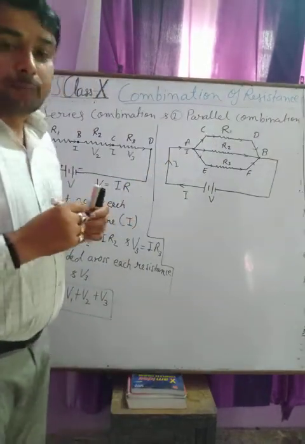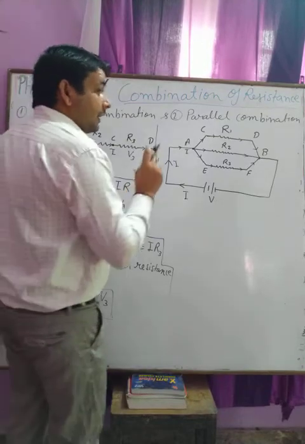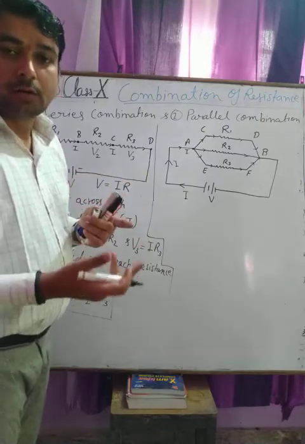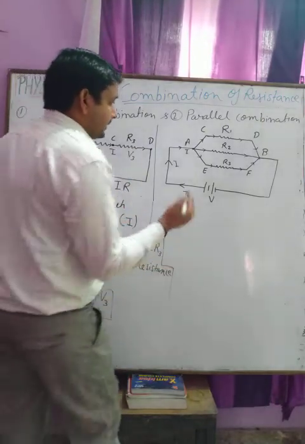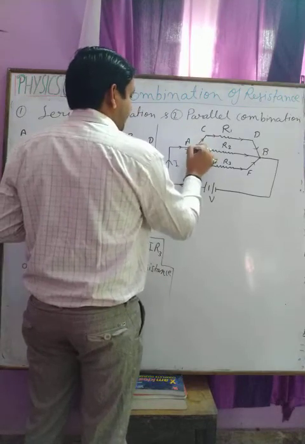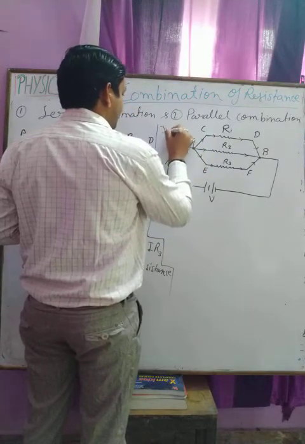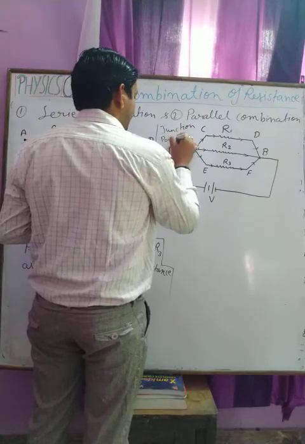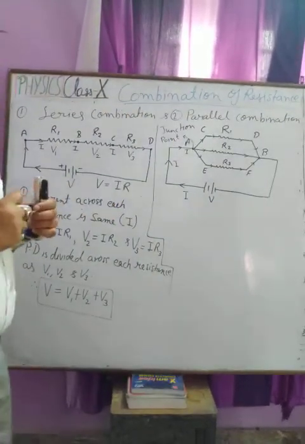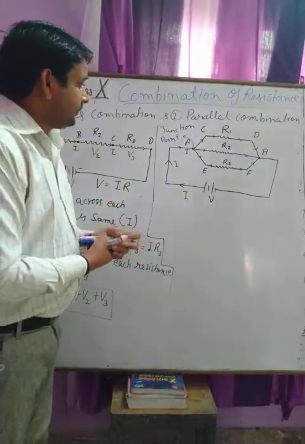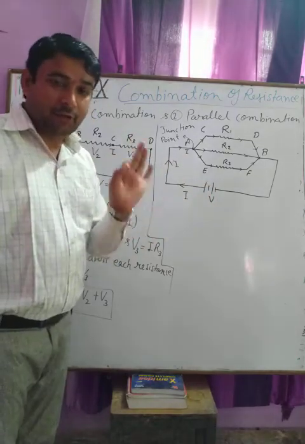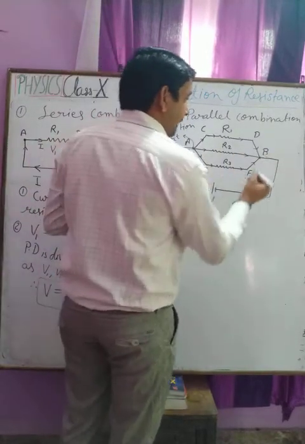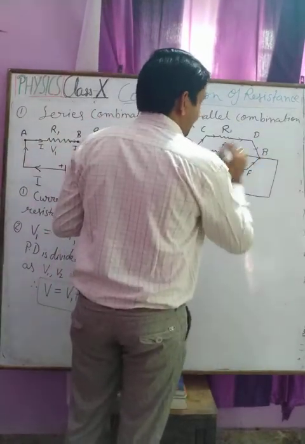So the point where the current is divided into two or more paths is called the junction point. At the junction point the current is necessarily divided, and when it reaches the other point it will add up again.